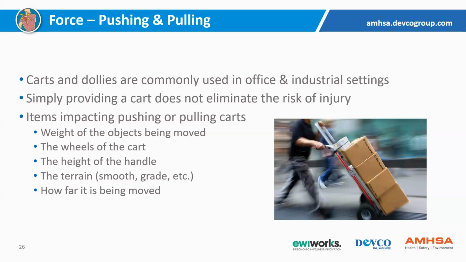Carts and dollies are something that would be used not just in municipalities, but in lots of different places, in office settings, and also in lots of different industrial settings, whether it's a shop where we're moving supplies, we're moving items within a warehouse, that sort of thing. And sometimes we think, oh, well, if we've got a cart or a dolly, that makes it easier. That should eliminate the risk of injury. It's not that simple, right?